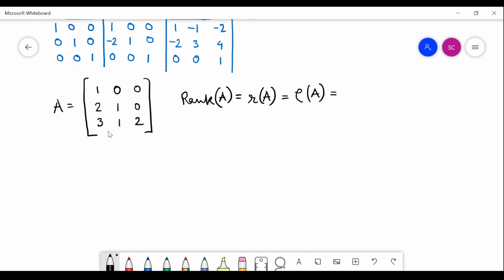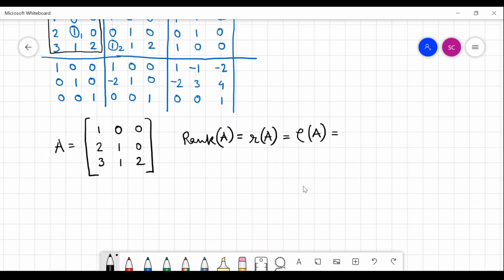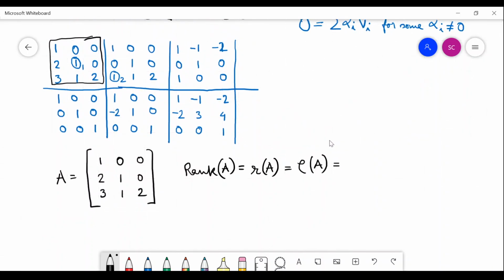So how should you check the rank? If I give you a matrix now and ask you to find out its rank, you should take these columns and do this column operation that we did, and figure out how many independent vectors there are.